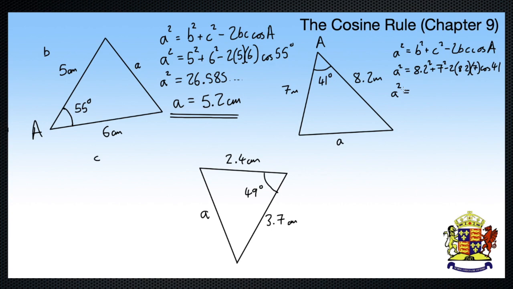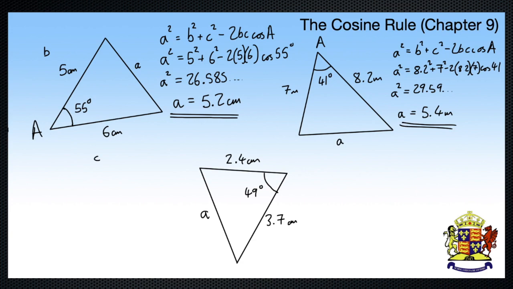A squared, therefore, equals 29.59. Square root it, that final step, and we get 5.4 meters to 1 decimal place.